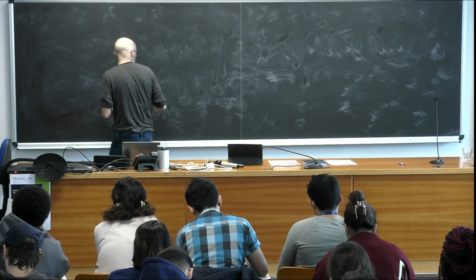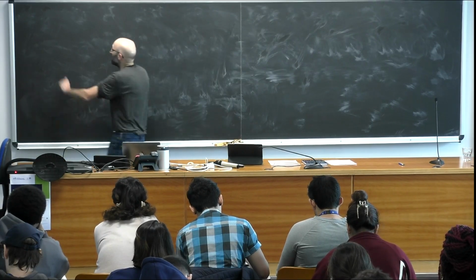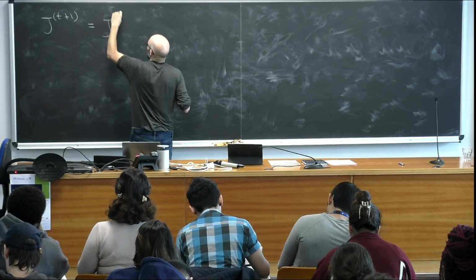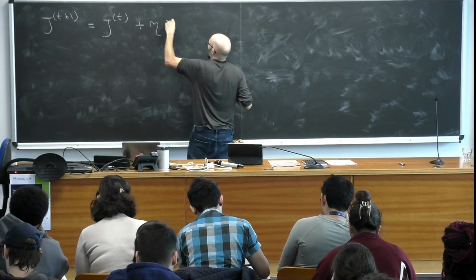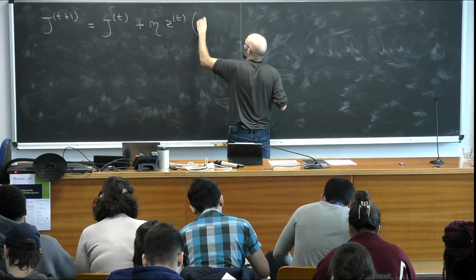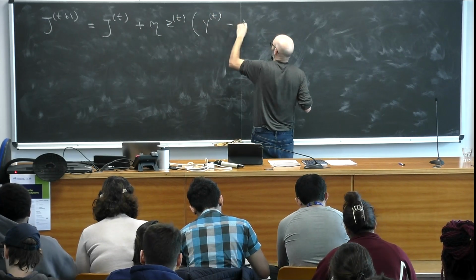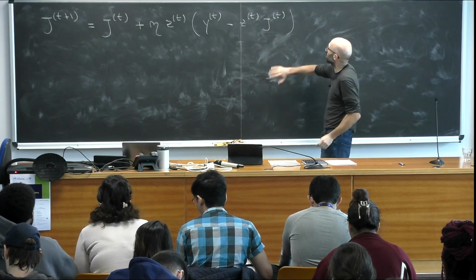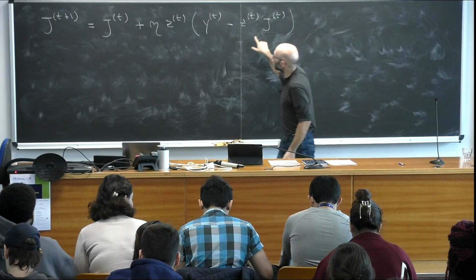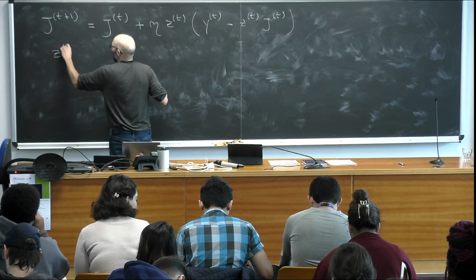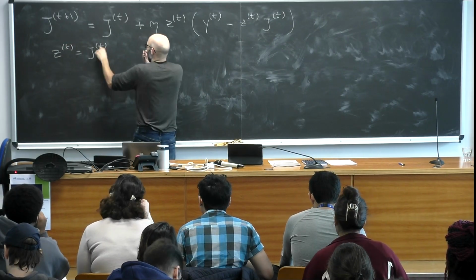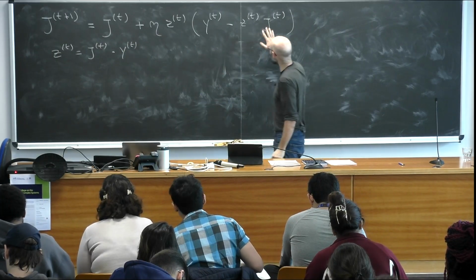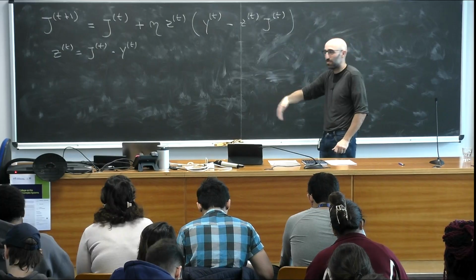So you cannot store your data. That can be true or not, depending on what you're doing. If you cannot store your data and you only see one data point at a time, what you can do is use this simple algorithm. When you see a new data point, you only store the weights, J. You compute the scalar product of your weights with the new data point, and you update your weights, and then you go to the next point.